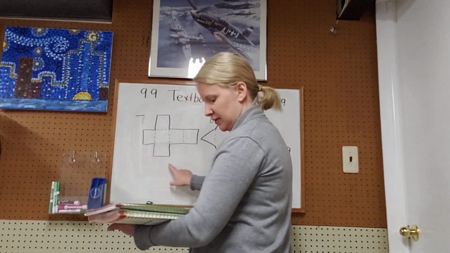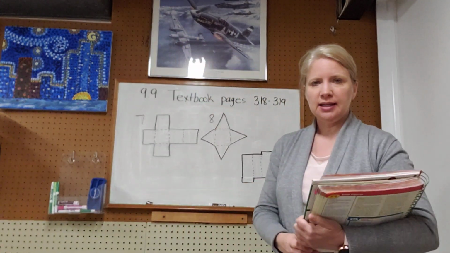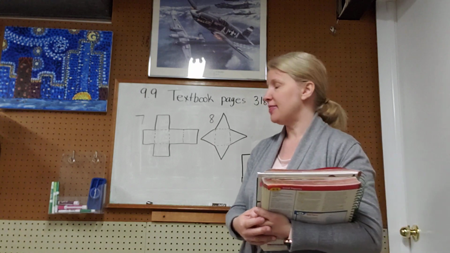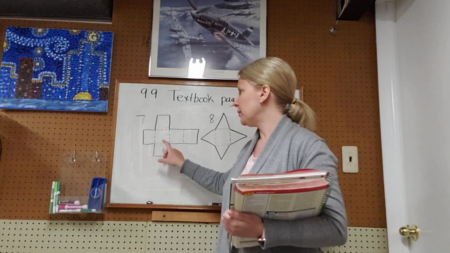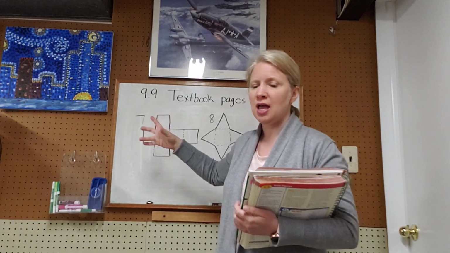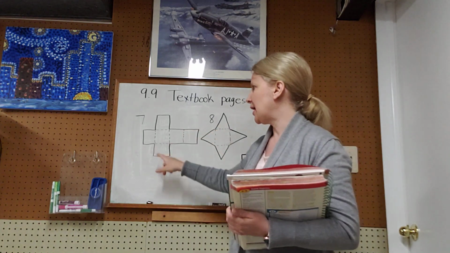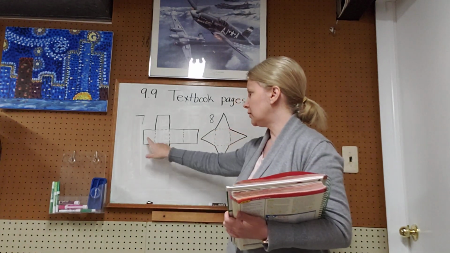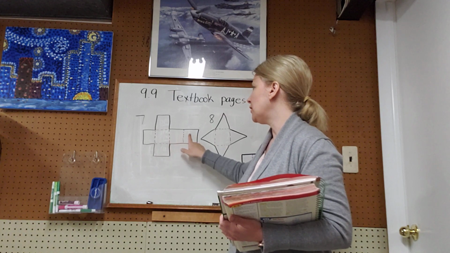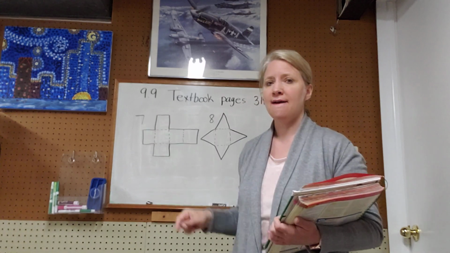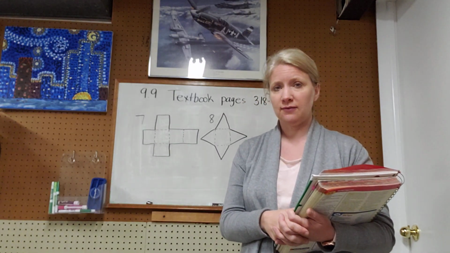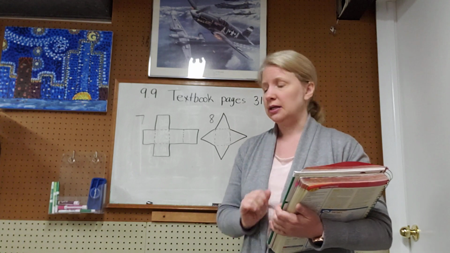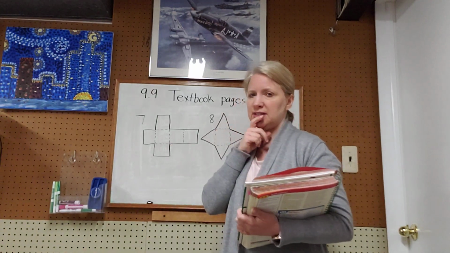Let's look at number 7. It wants you to name that solid figure. If we were to take this flat image and fold it up, what do you think it would be? Let's see, there's 1, 2, 3, 4, 5, 6 flat surfaces.